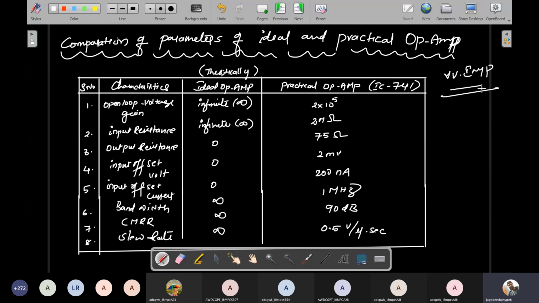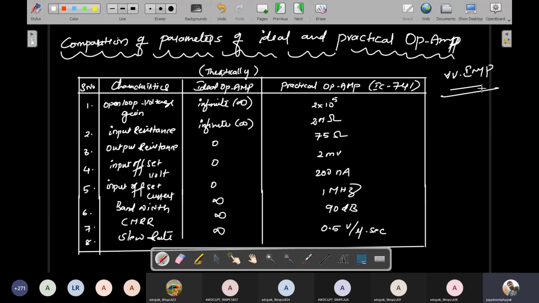The open loop voltage gain for an ideal op amp is infinite, and practically it shows 2 into 10 power 5 times. Input resistance is infinite for ideal, but 2 mega ohms for practical op amps. Output resistance is 0 for an ideal op amp, but it shows 75 ohms in practical op amps.